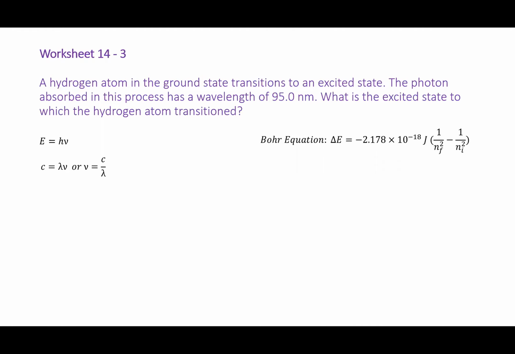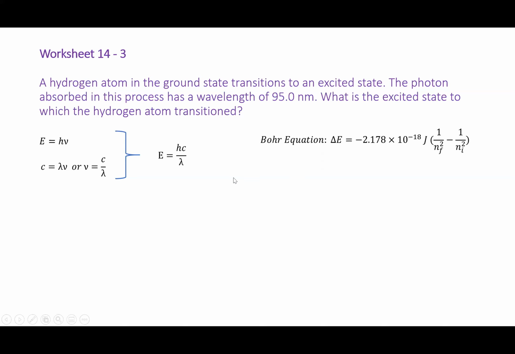So if we combine these two equations, we get E equals hc over lambda. h is Planck's constant, c is the speed of light, and lambda here is what we're given, 95.0 nanometers. So using this equation, we can figure out what E is, and if we figure out what E is, we can plug it into the Bohr equation and solve for nf.